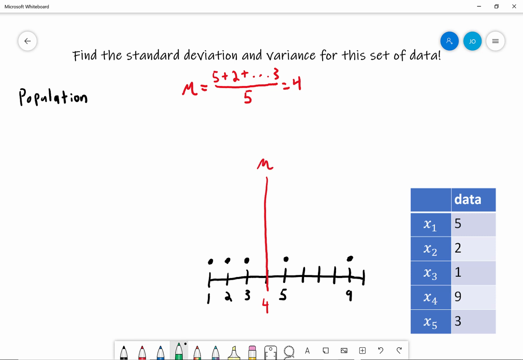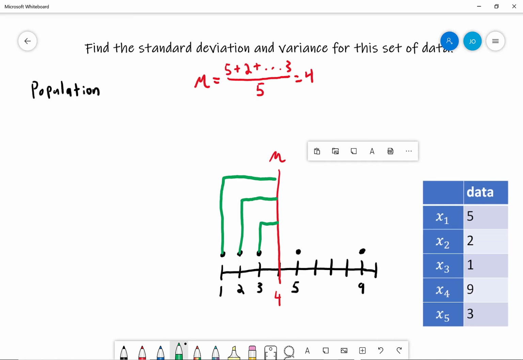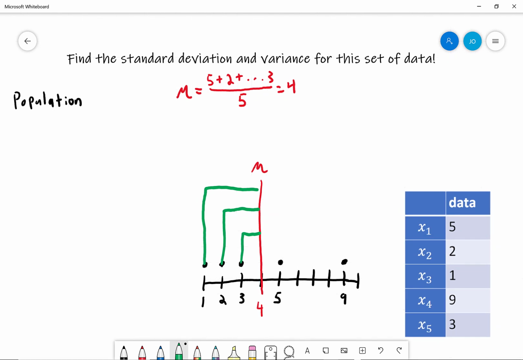Now, we'll see how far each observation is from the mean. I'm going to make these little distances to visually show you what this looks like. We're finding how far each observation is from the mean.